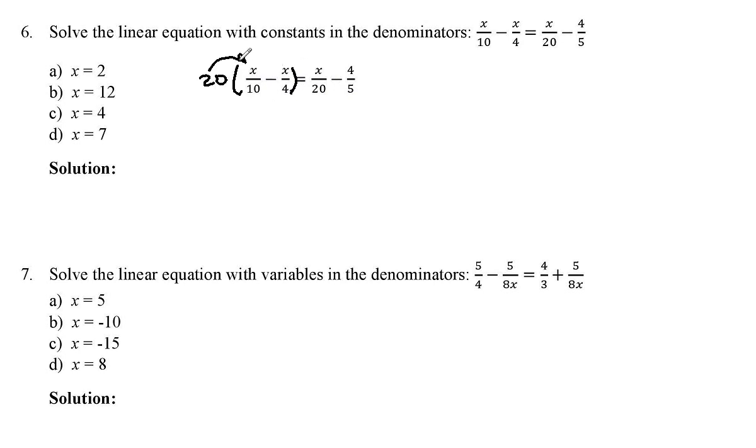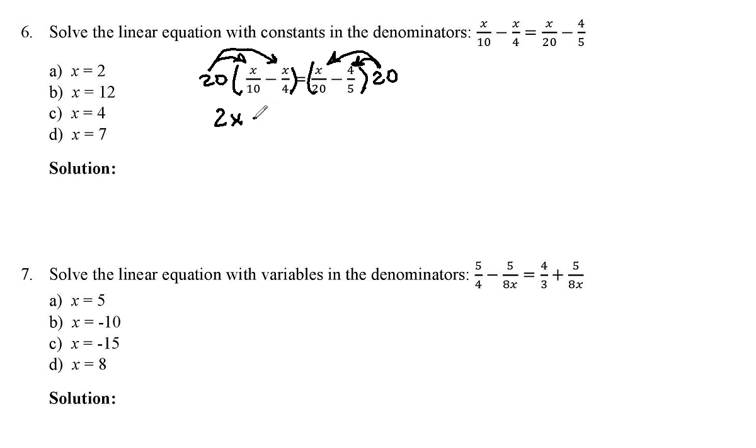So this will multiply in times each piece. And then multiply on the right-hand side also by 20. That guy's going to multiply in times each one. So let's see, when you do 20 times x over 10, 10 goes into 20 2 times, and then 2 times x, 2x.